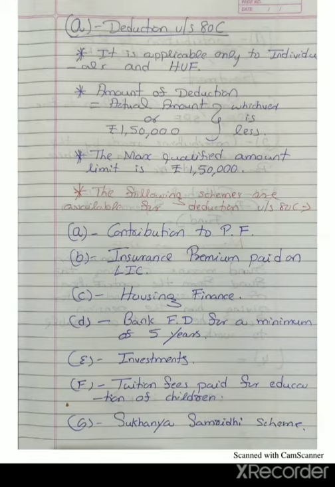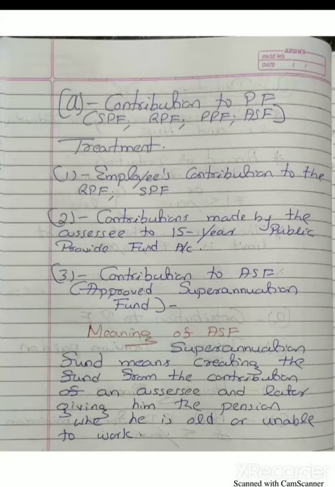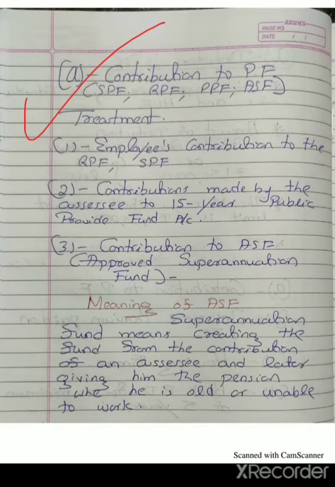The first one is contributions to PF. It may be SPF, RPF, PPF, and ASF. SPF means Statutory Provident Fund, RPF means Recognized Provident Fund, PPF means Public Provident Fund, and ASF means Approved Superannuation Fund.